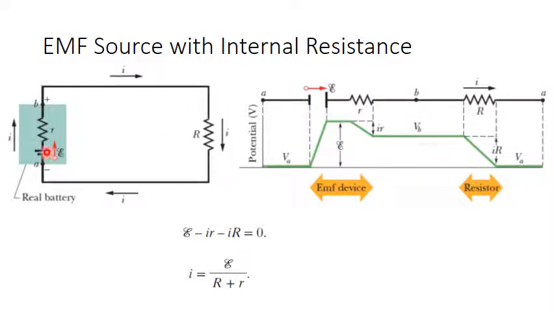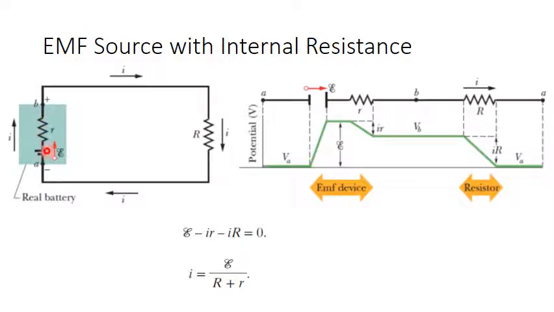Now the electric current is passing through the internal resistance small r. So in this case, there is a potential difference on the internal resistance equal to I multiplied by small r. And this potential difference is in the opposite direction of the electric current. So this is higher potential and this is lower potential.